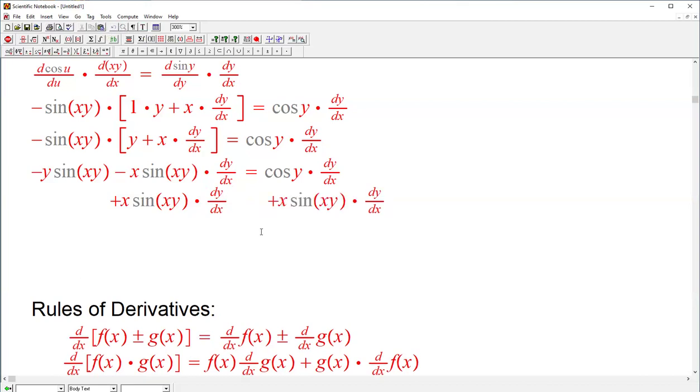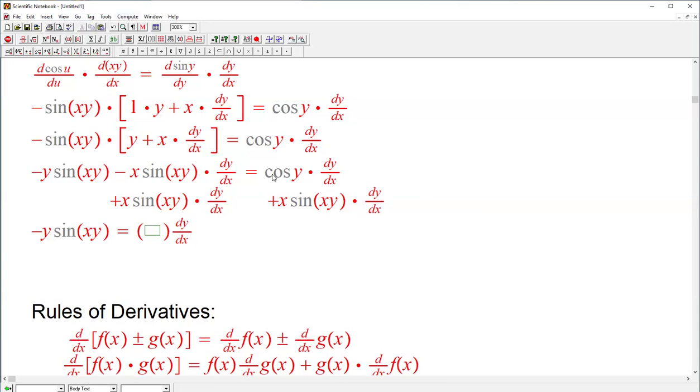After adding them on both sides, the next step we will only have this piece equals that piece adding that piece, and we're going to factor out the dy/dx. So we get these two terms in the parentheses, which is cosine y plus x times sine of xy. And we may like to put a bracket for clarity.